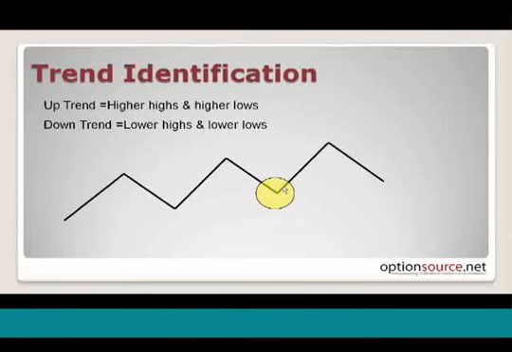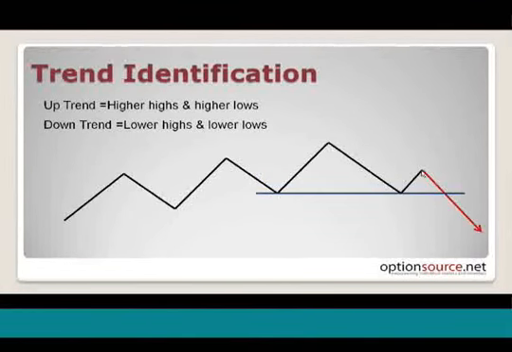So if we've been trading in a specific direction, and then all of a sudden we recognize that the market makes an attempt but does not break that previous high and then in fact breaks that previous low, we've now established a downtrend. And too many people fail to recognize that as being an important signal.